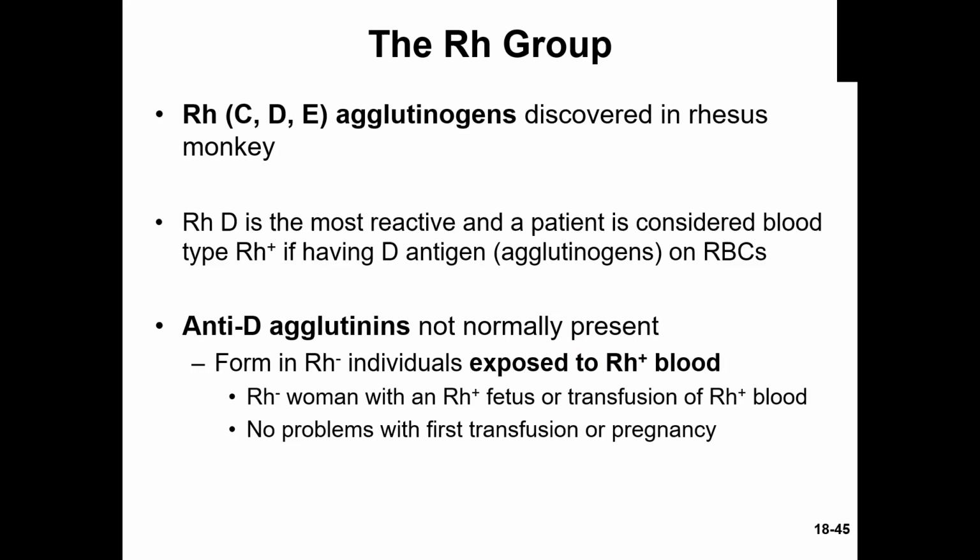If a woman is Rh negative, no antibodies for the Rh factor on her cells, and yet the fetus is developed genetically to have Rh positive, meaning this antigen is present, there can be an attack across the placenta of the fetus, and this can cause problems for the baby.